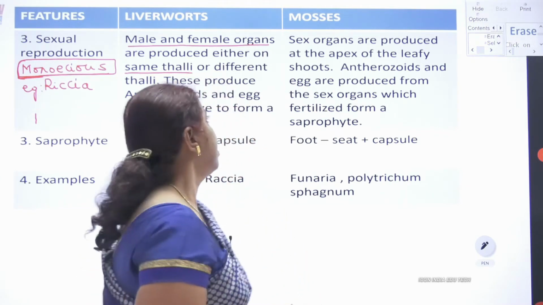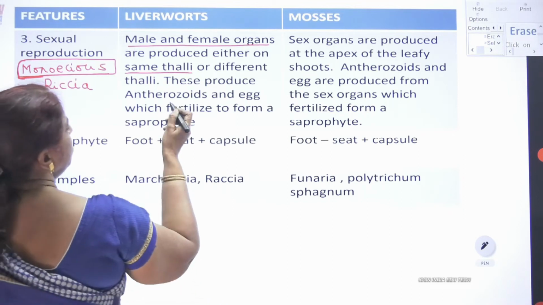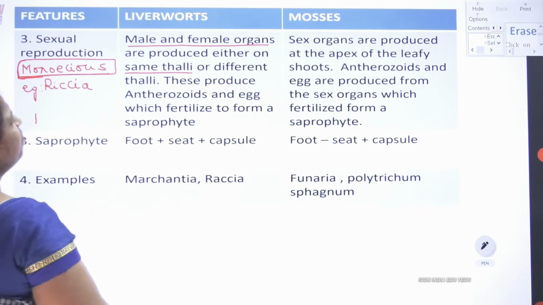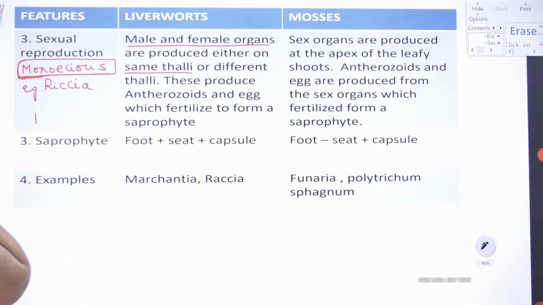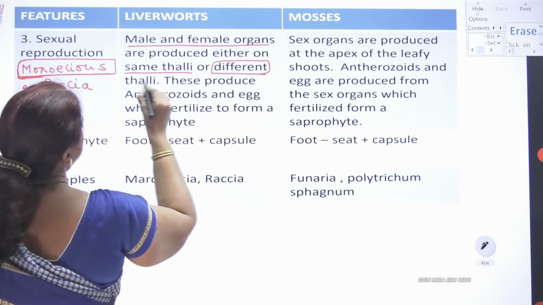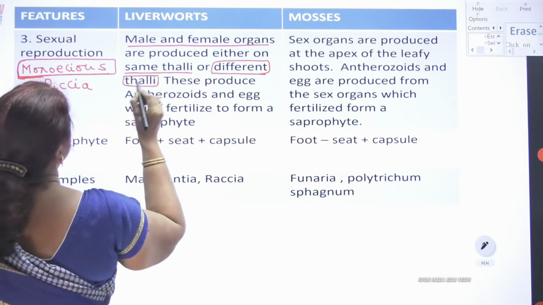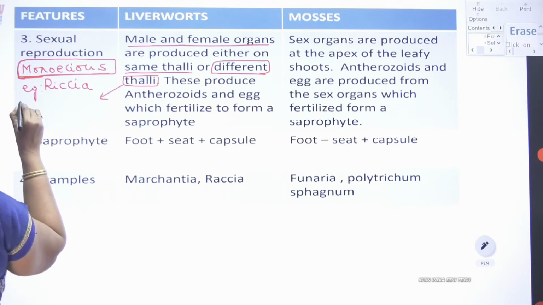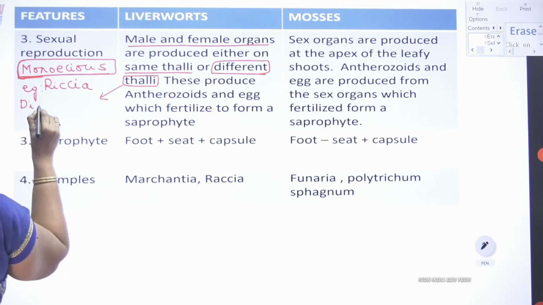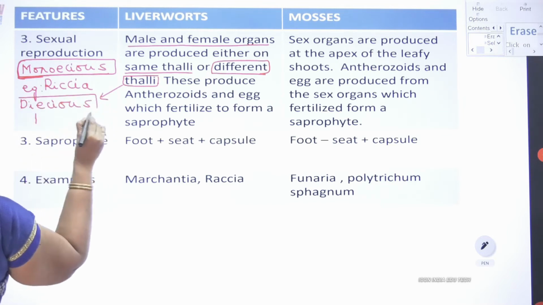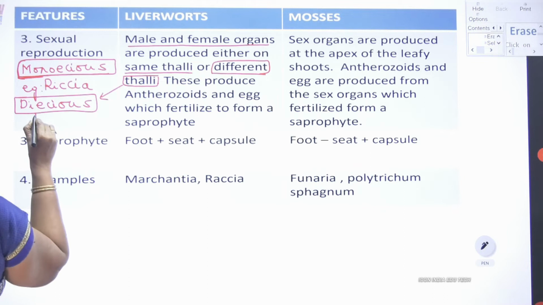These produce antherozoids and egg, which fertilize to form a sporophyte. If antheridia and archegonia are present on different thalli, this is called a dioecious plant. Marchantia is a dioecious plant.